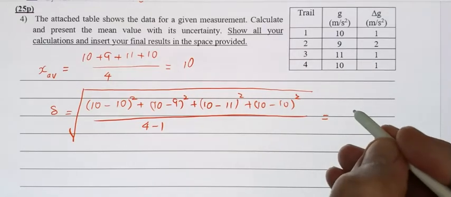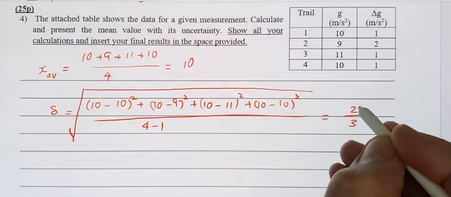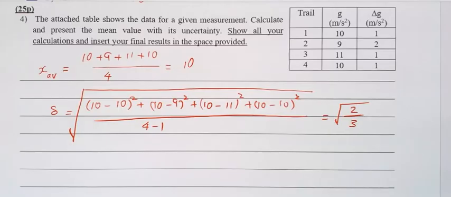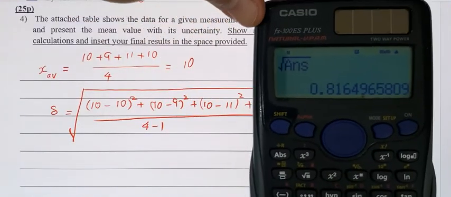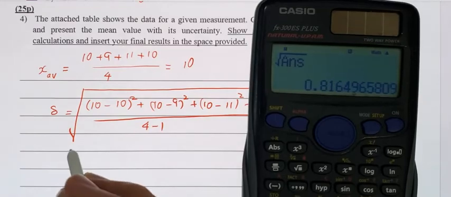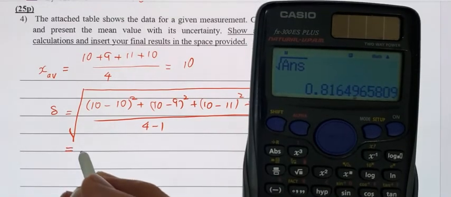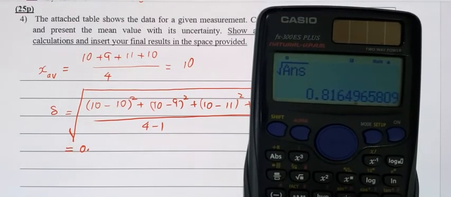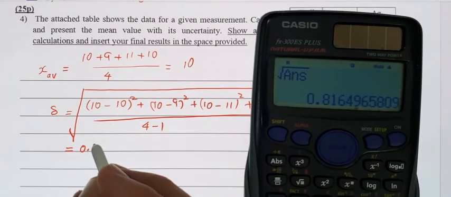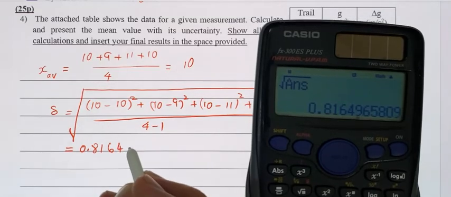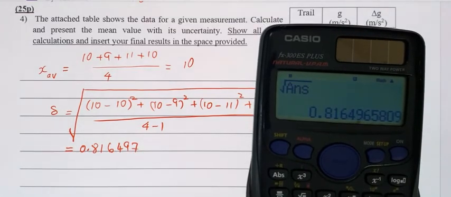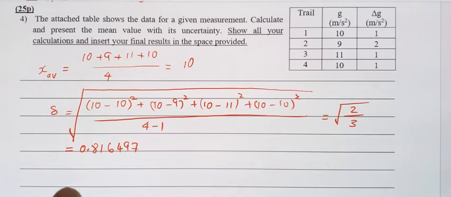So it is basically 2 over 3 under the square root. Take the square root. I keep all the numbers for the standard deviation; I don't do any rounding. 0.8165, that's the standard deviation.